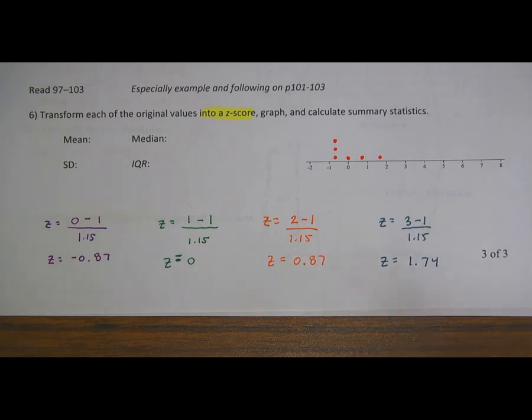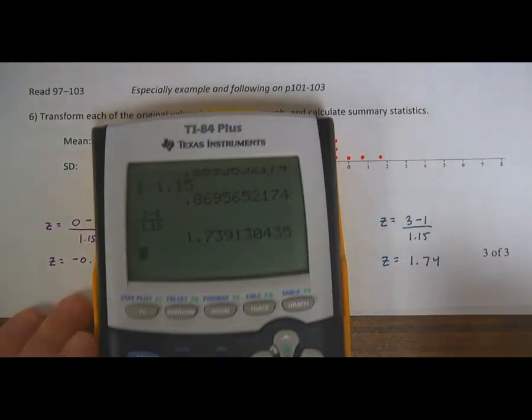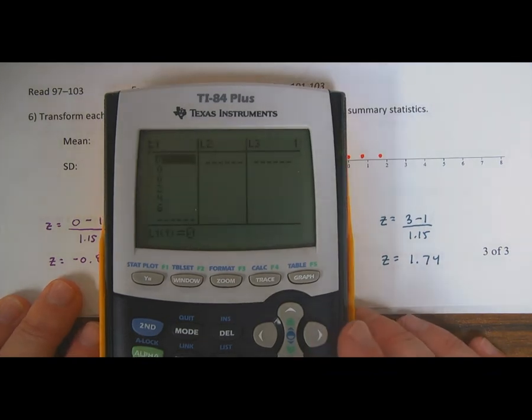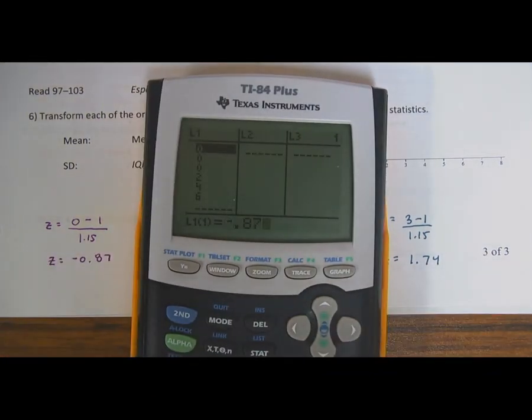The mean. Let's find out. Stat. Edit. Negative 0.87, negative 0.87, negative 0.87, 0, 0.87, 1.74.